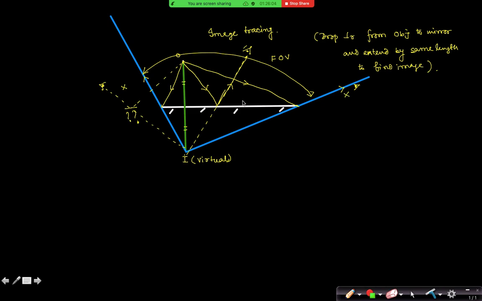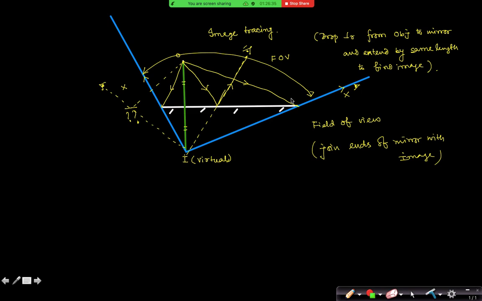So how to find the field of view? Very easy. Join the ends of the mirror with the image and you will find the field of view.